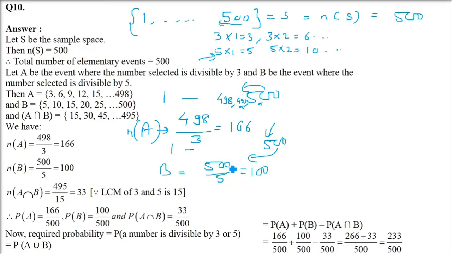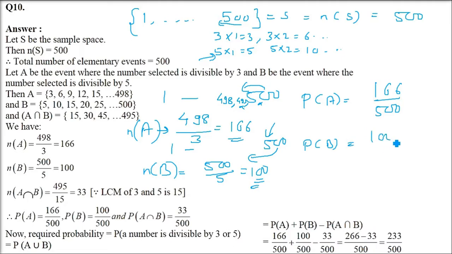So B is the set of numbers divisible by 5, and the number of elements in set B will be 100. So what is the probability? Probability is the favorable cases divided by the total number of cases. So for A we have 166 divided by 500. For B we have 100 divided by 500.